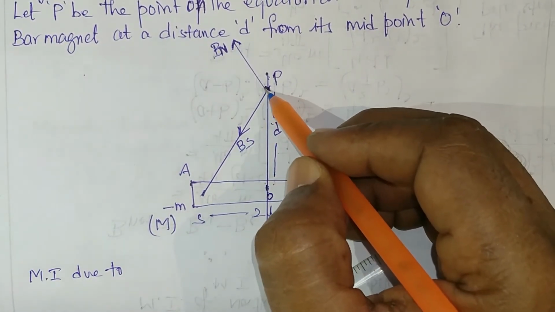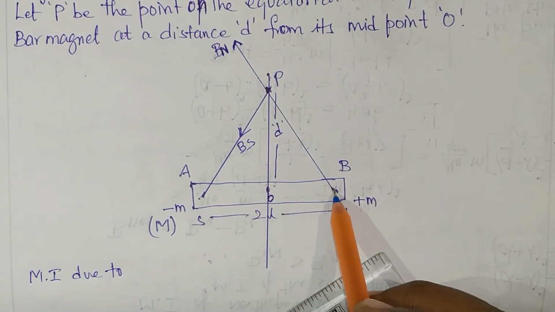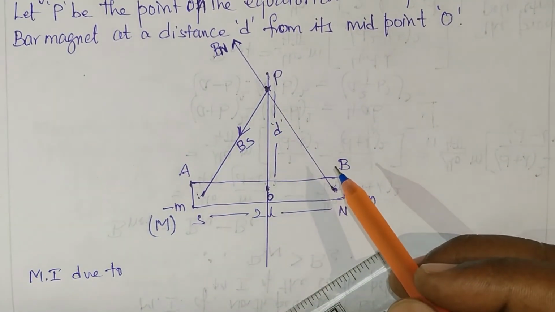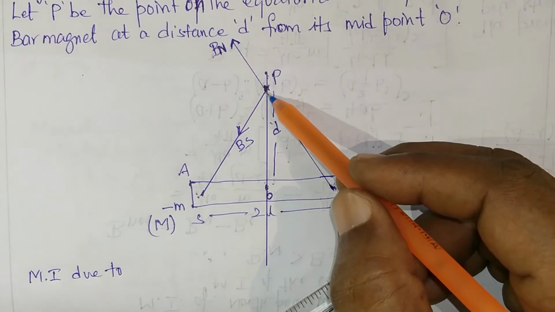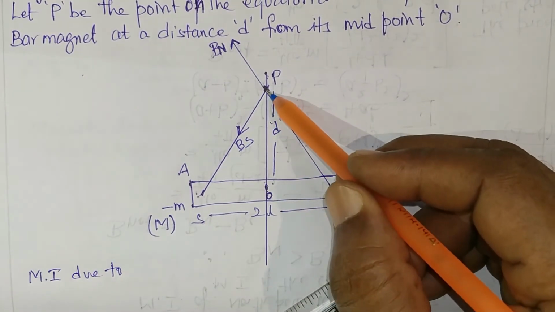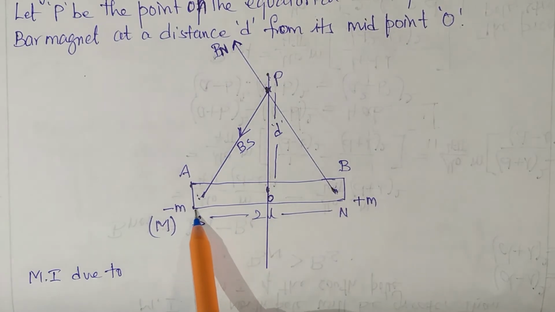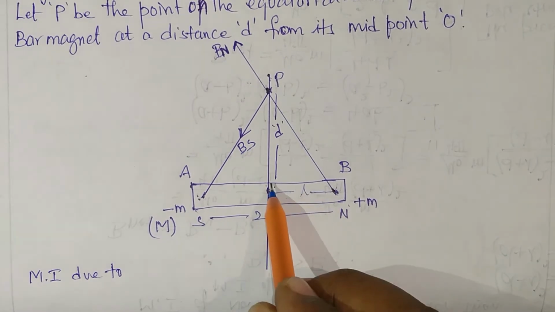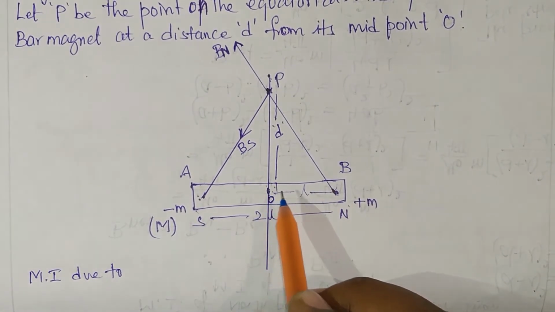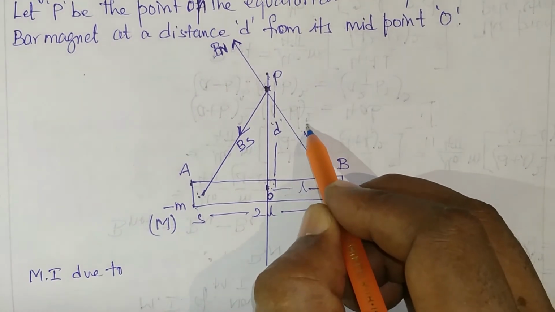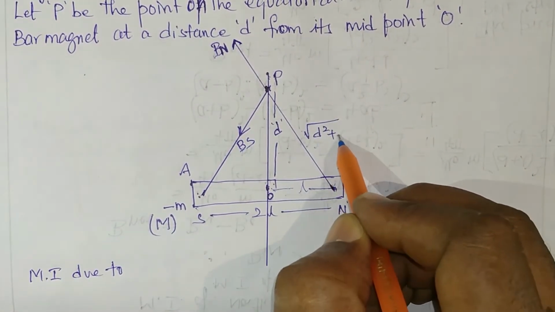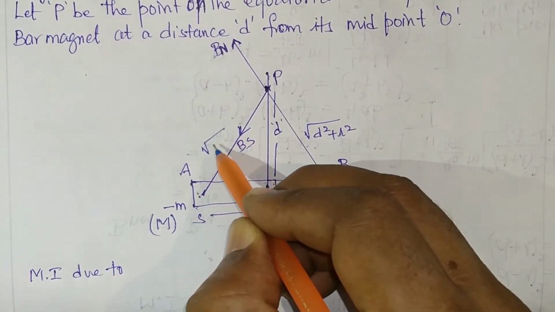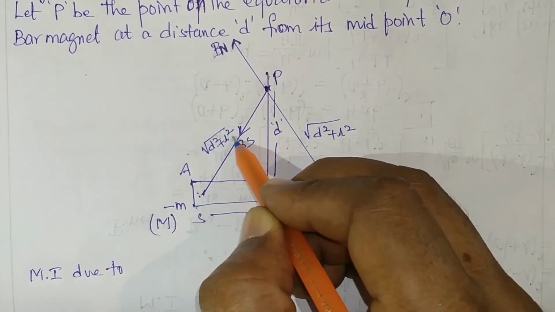We have to calculate the resultant of the magnetic induction of these two poles at P. D is the distance from the center to P, and the length of the bar magnet is 2L, so this length will be only L. This is a right angle triangle, therefore this length will be square root of D square plus L square. On this side also the distance will be square root of D square plus L square.